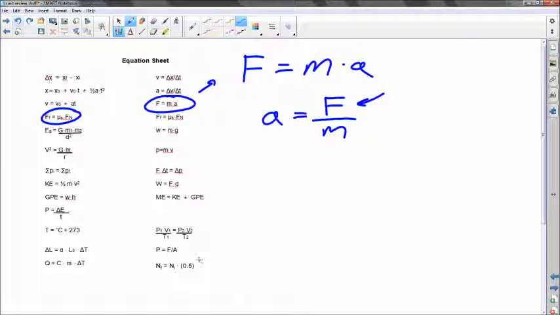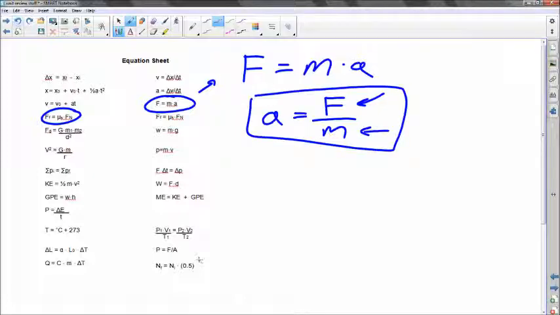But if I increase the mass, I increase the inertia. Remember, inertia is just an object's tendency to not want to change its motion. And so the bigger the mass, the less the acceleration is going to be. So this is the way Newton actually formulated it. But we write it as F equals ma, just for ease of memorization.